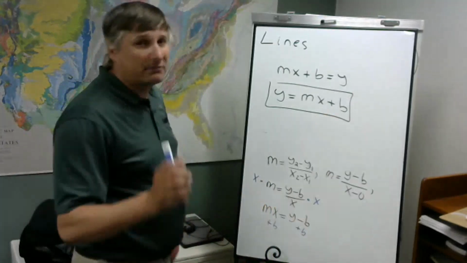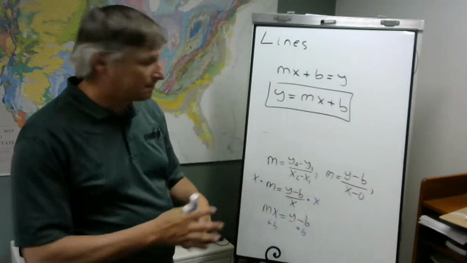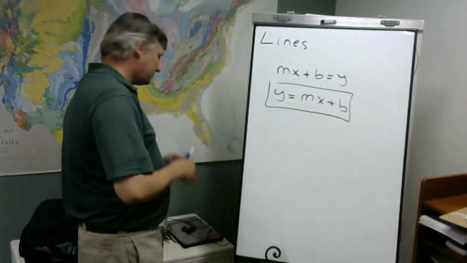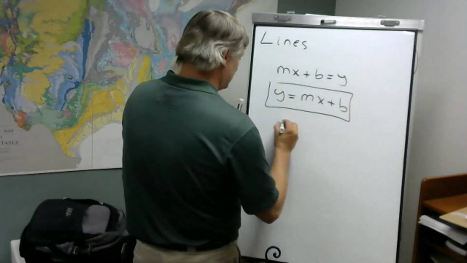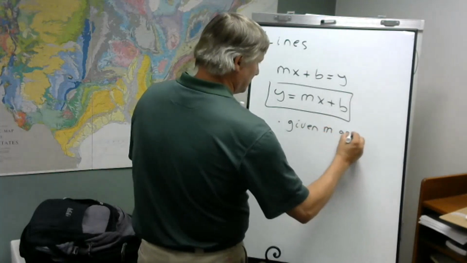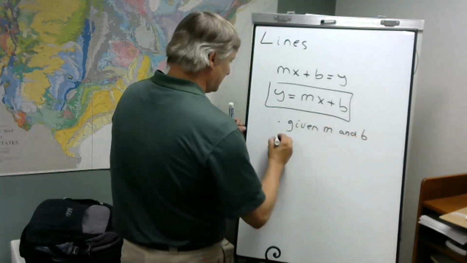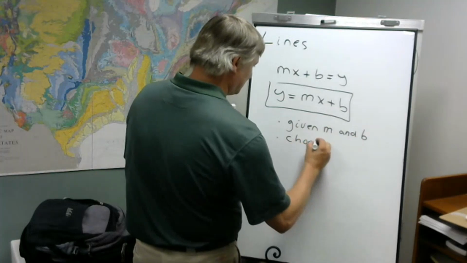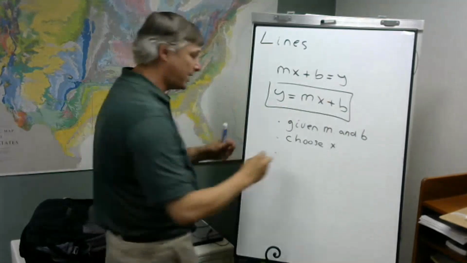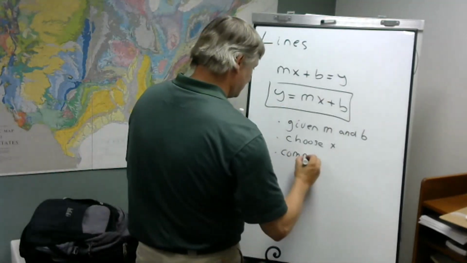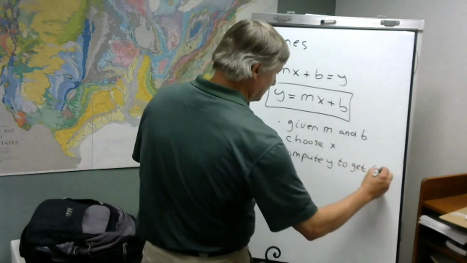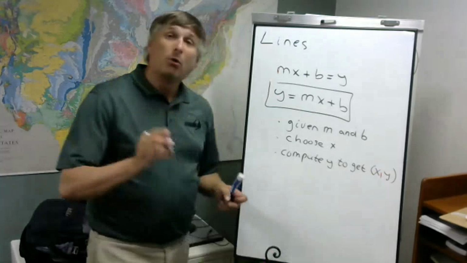So there's some information they have to give you to make this work so we can generate points. So inputs and outputs. Typically, we're given m and b. We choose x, and then we use these pieces to compute y. And that will give us a coordinate or a point on that line.